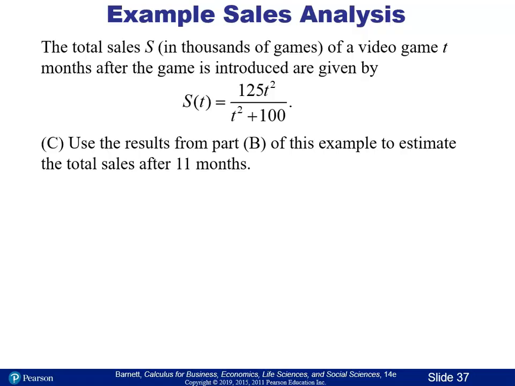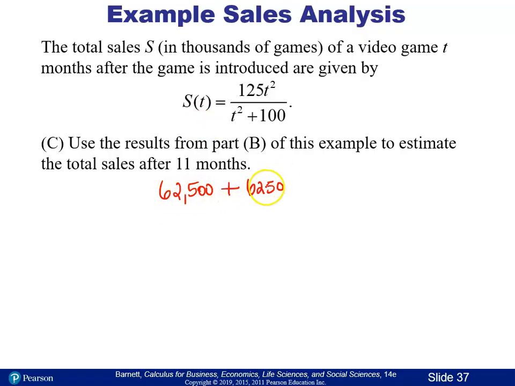Okay, so if we want to estimate the total sales after 11 months, we found out that the first 10 months, our total sales were 62,500, and we also found that at that point they're changing at about 6,250 per month. So this would represent 10 months.